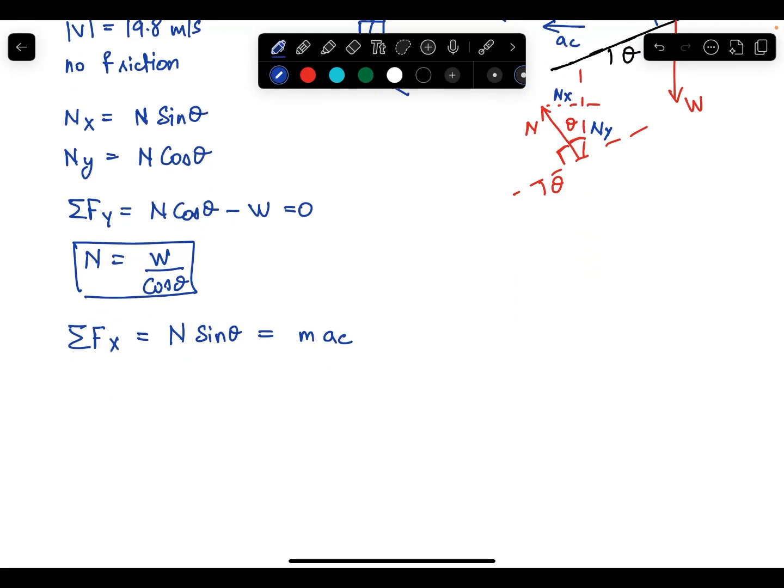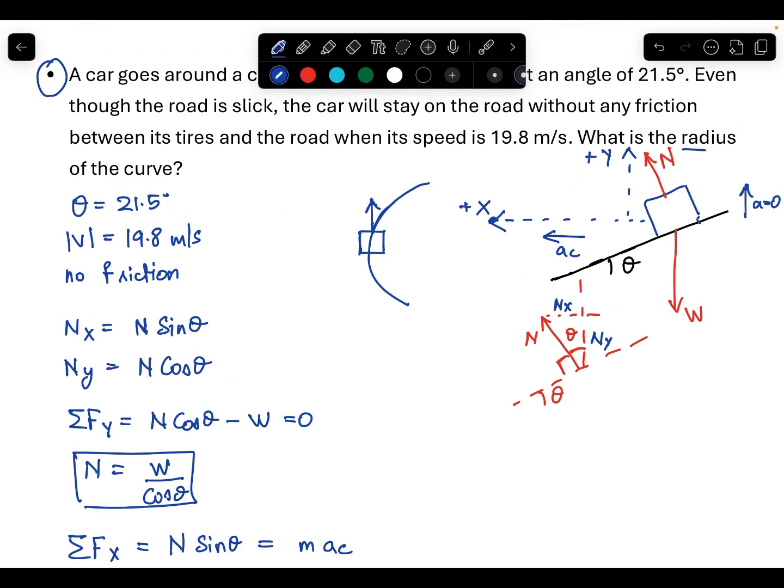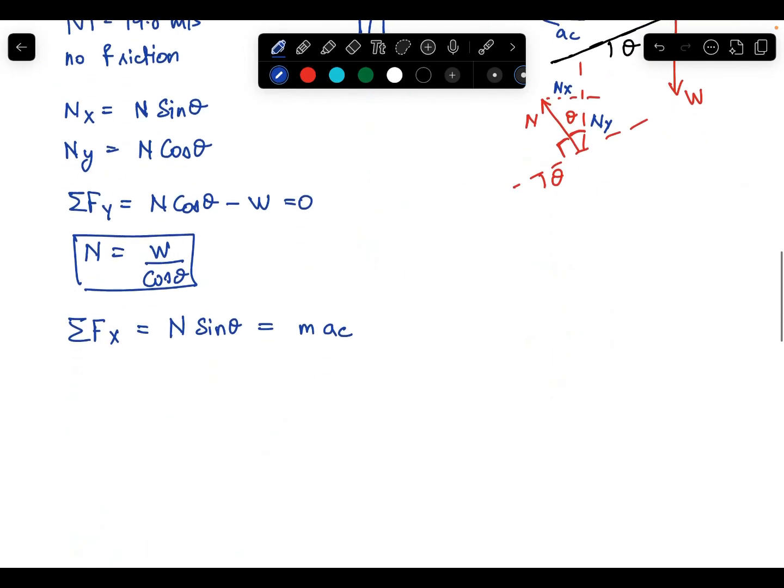So substituting the value of N, because we want to find out the radius of the curve, I get W divided by cosine theta multiplied by sine theta is equal to m AC.